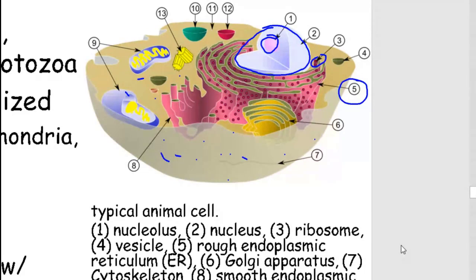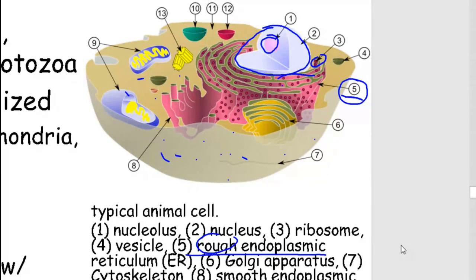So the RNA molecule is translated into a protein molecule. The ones that are bound to the endoplasmic reticulum, this membrane structure, make up the rough endoplasmic reticulum. So if an endoplasmic reticulum has ribosomes bound to it, we call it rough. If it doesn't, we call it a smooth endoplasmic reticulum.